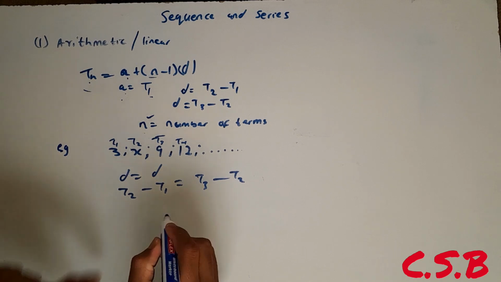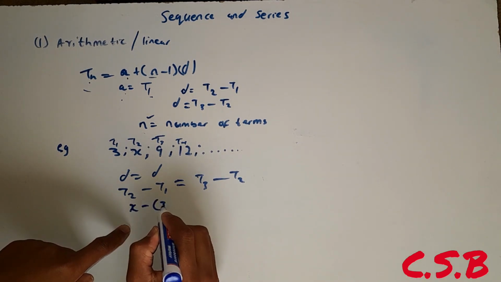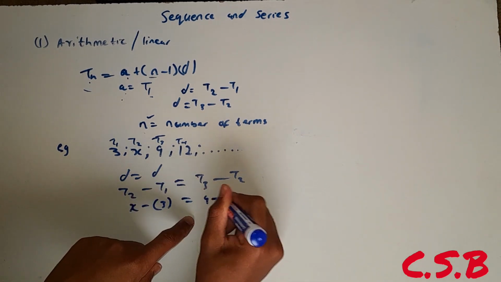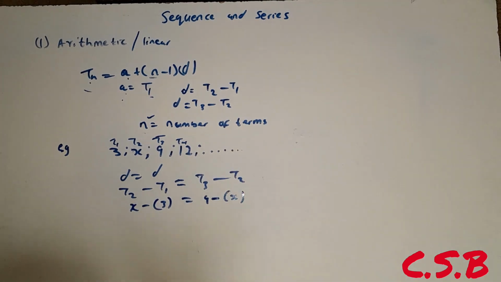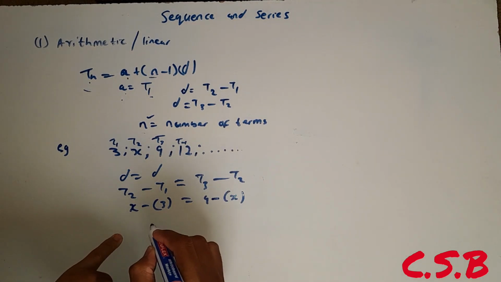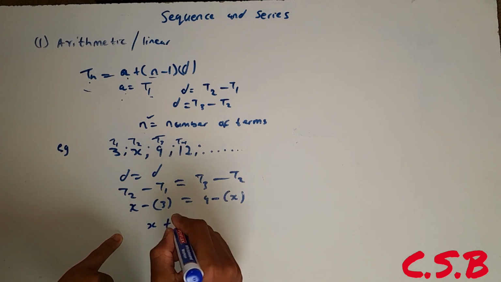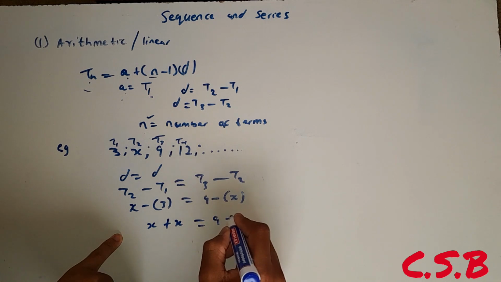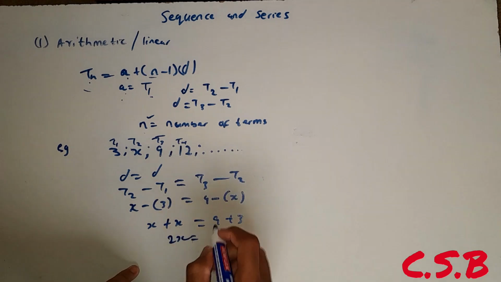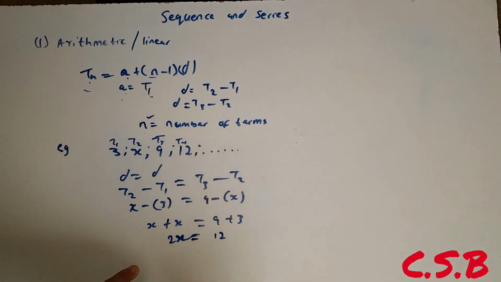So now we can equate and say x minus 3 is equal to 9 minus x. So this is the same as x plus x is equal to 9 plus 3. So 2x is equal to 12.